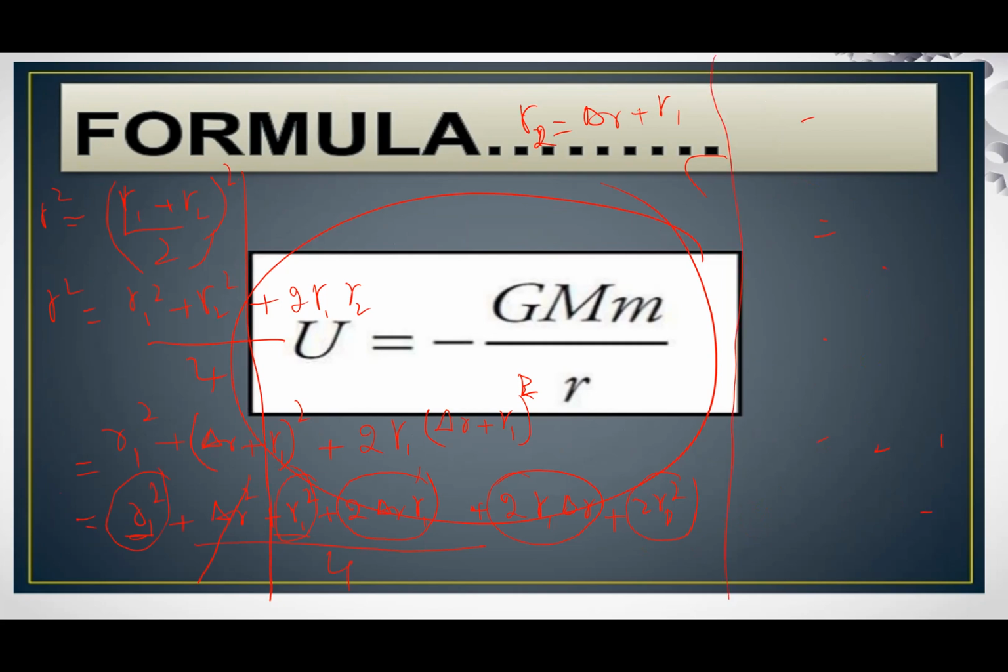Now first write this term, and this term is equal to 2R1 square plus this term is 2 del R R1, 2R1 del R plus 2R1 and put the value of del R, which is R2 minus R1.